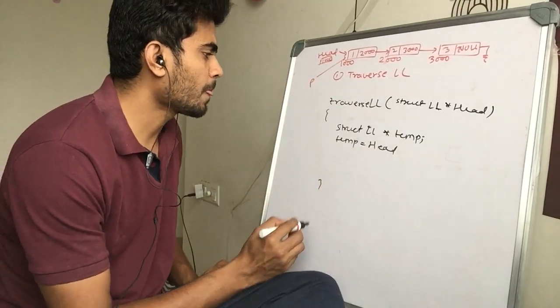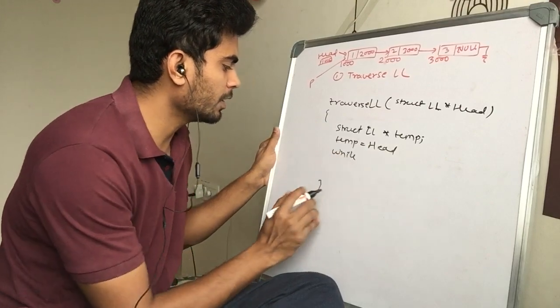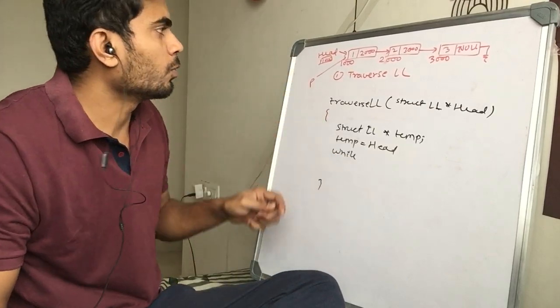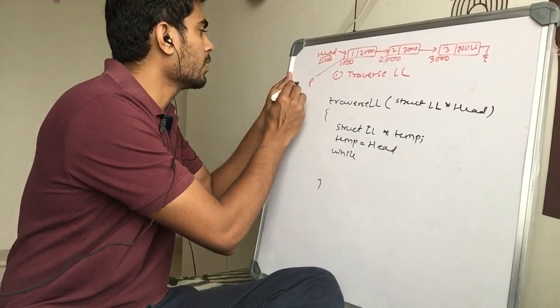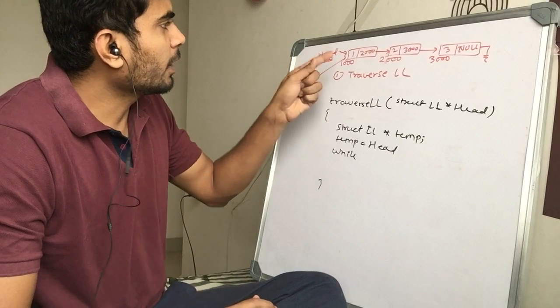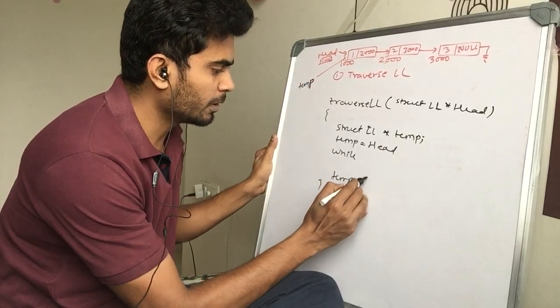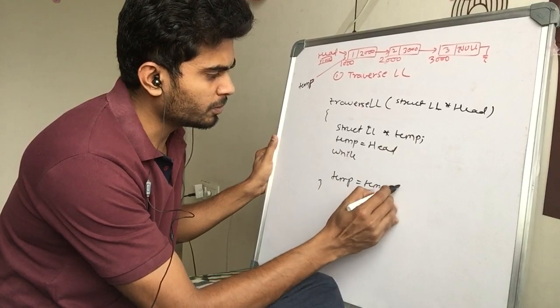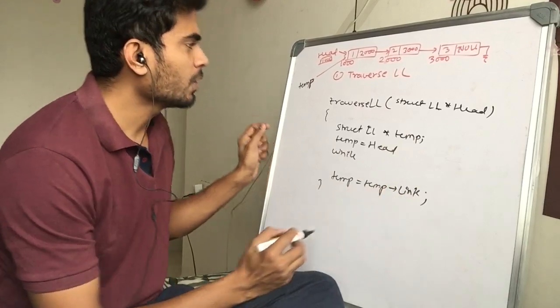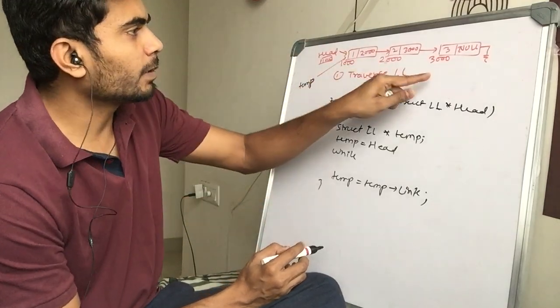What can we do now? We can do some kind of operation based on some condition. We can go to each node. If we have this control, this is temp. Temp can be here, then temp can be shifted to this by the statement temp equals temp's link. When this statement is executed, temp points to this node, and then again temp points to the next node.